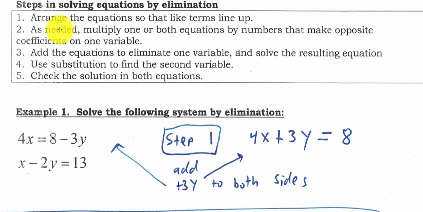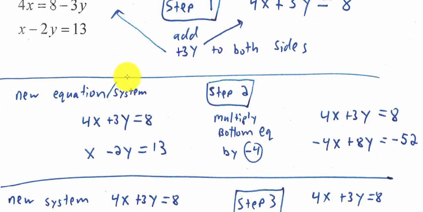Step 2, as needed, multiply one or both equations by numbers that make opposite coefficients. All right, so my coefficients here are 4 and 1 for the x. 4x, 1x, so the coefficients are 4 and 1. So if I multiply the bottom equation by negative 4, that will give me opposite coefficients.